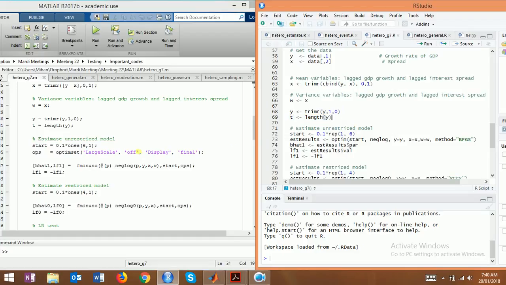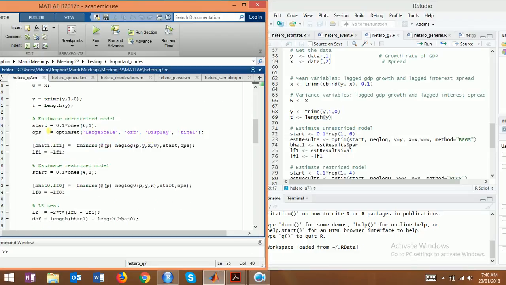Okay, estimate unrestricted model for 6 rows 1 column. Start is 0.1. I'm simulating initial value with start because we have 6 parameters. So I'm multiplying in 6 rows.